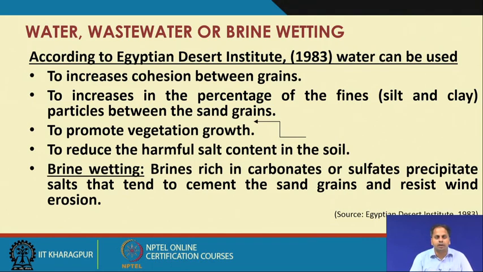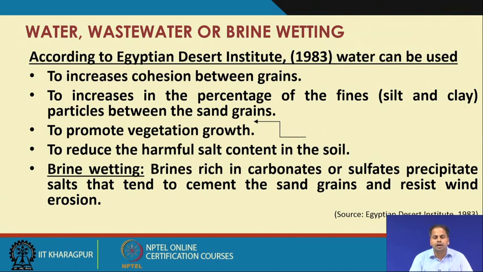Then comes water, another popular temporary control system: the application of water or brine wetting. Water can be sprayed on the surface to increase the cohesion between grains, and to increase the percentage of fine particles between the sand grains.